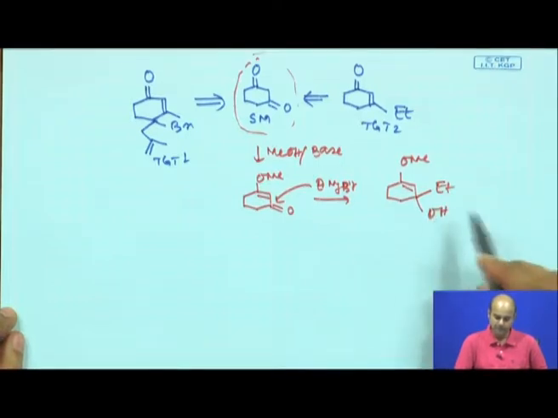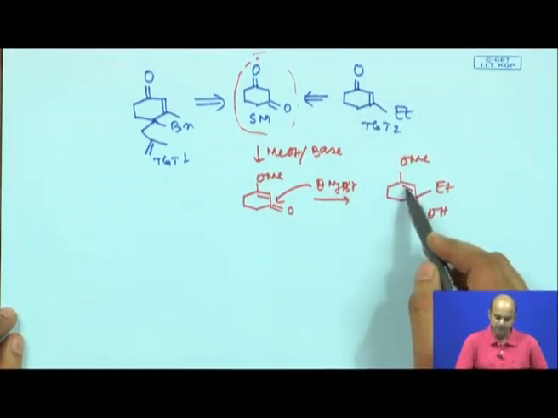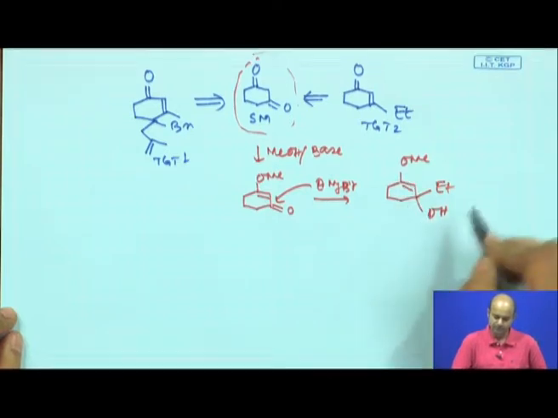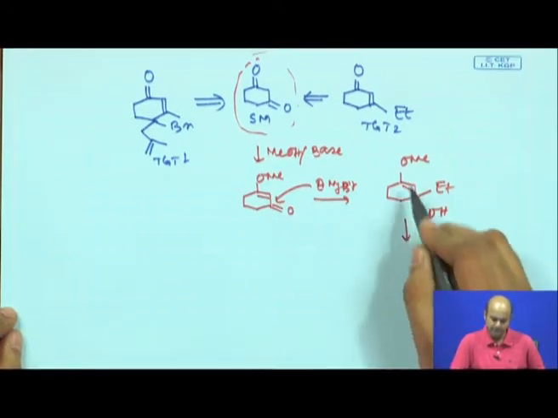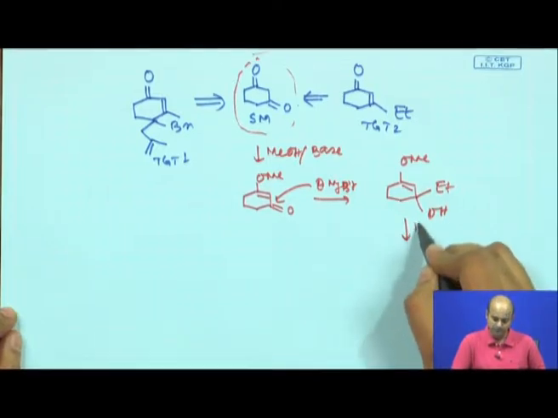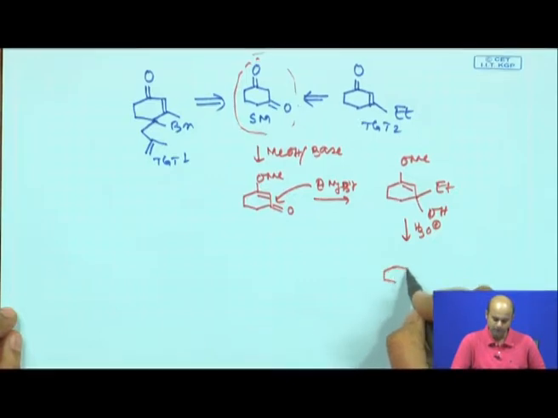Okay. Now, next what you need to do? You basically need to do an allyl migration kind of thing. So, the double bond will migrate and you get a ketone there. Now, this is a vinyl methyl ether, and vinyl methyl ethers are normally very unstable. If you put a little bit of acid, they will tend to hydrolyze and will give you this compound.